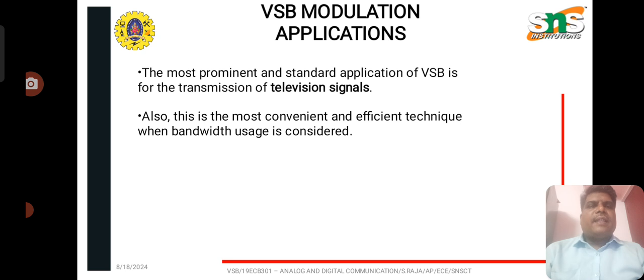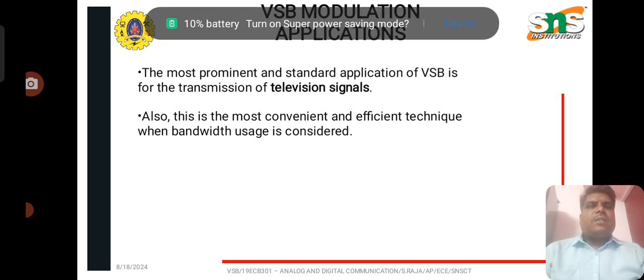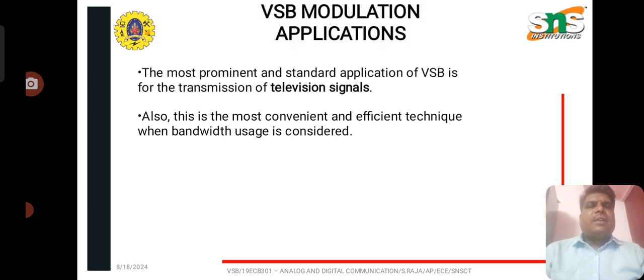If you derive the power efficiency of double sideband suppressed carrier, it shows an efficiency of 66.67 percent. That is also not satisfactory. Since both the sidebands contain the same information, I remove one of the sidebands. That is called single sideband suppressed carrier, and the transmission efficiency of single sideband suppressed carrier is 83.33 percent. Now in this YouTube video we discussed VSB.